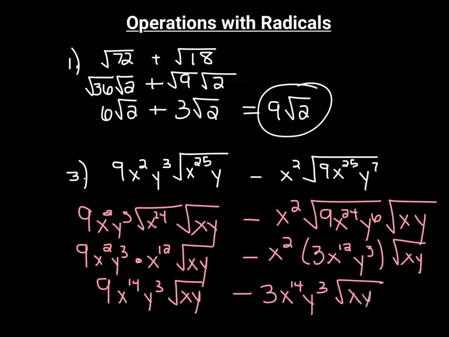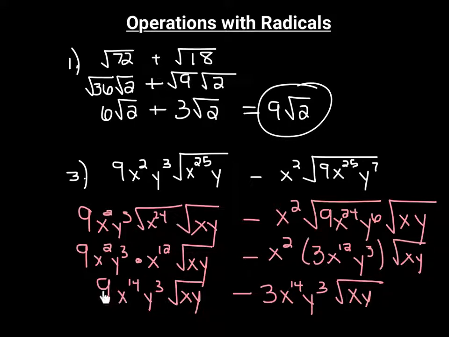Okay, so now we want to look and say, are these like terms? Can we combine them? Well, in order to be able to combine them, not only do you have to have the same thing underneath the radicals, which we do, but you also have to have the same exponents on these variables in front. So like this says x to the 14th y cubed, so does this over here, x to the 14th y cubed. So these are like terms, so we can combine them.